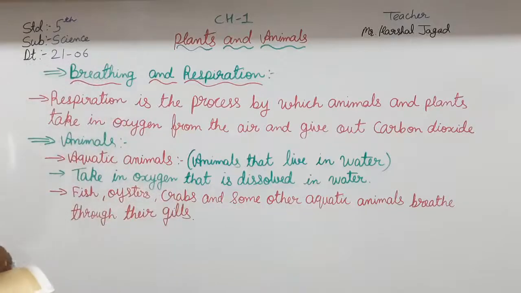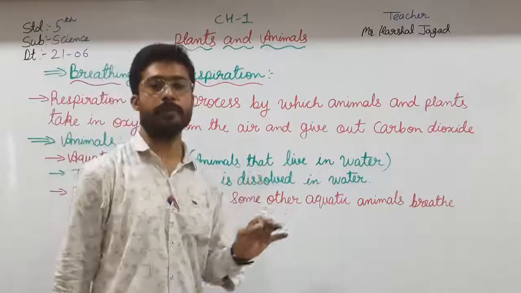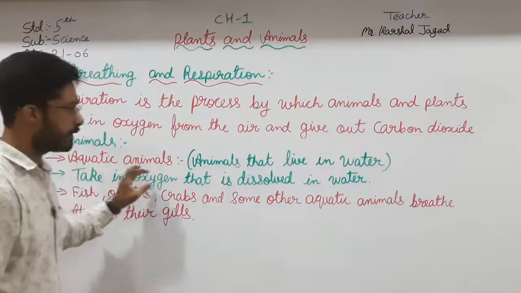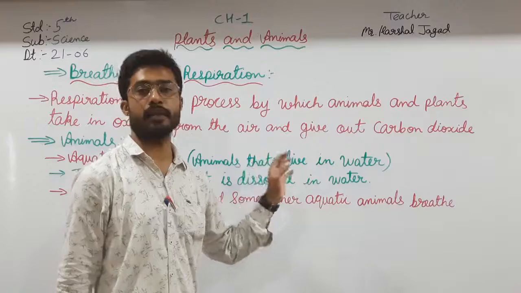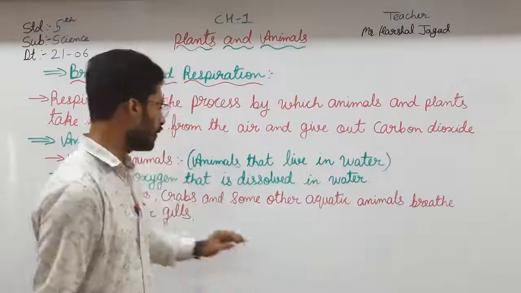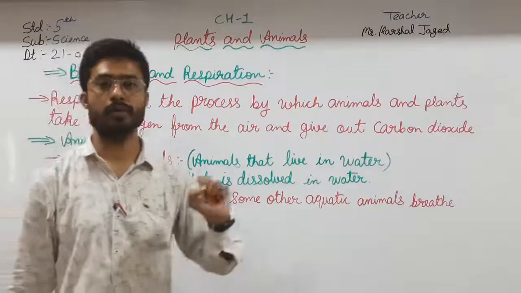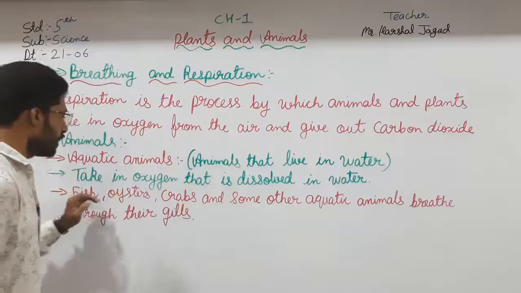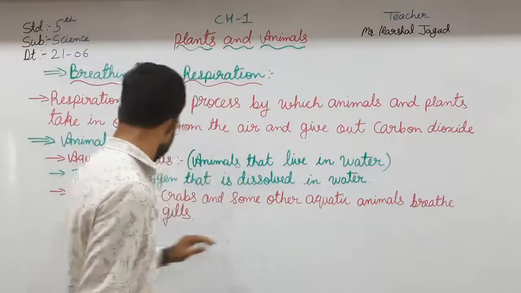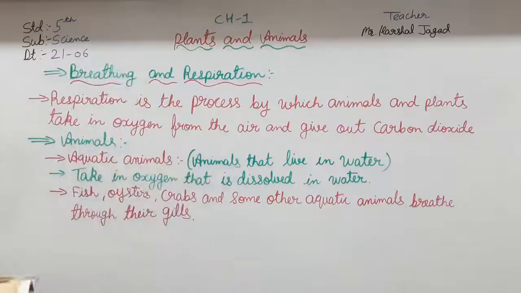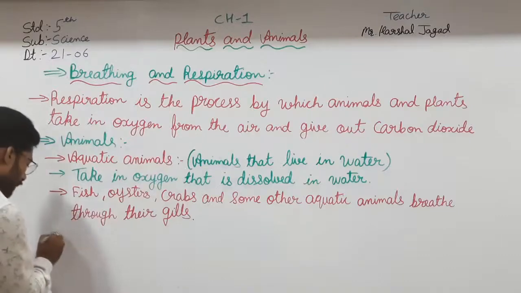So how do the aquatic animals breathe? They take in the oxygen which is dissolved in water, and then they breathe through gills and through lungs. But here, fish, crabs, and some other aquatic animals breathe through their gills. Now let us see which animals breathe through their lungs.